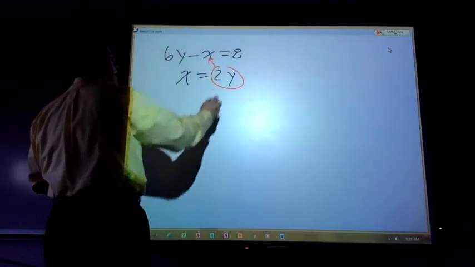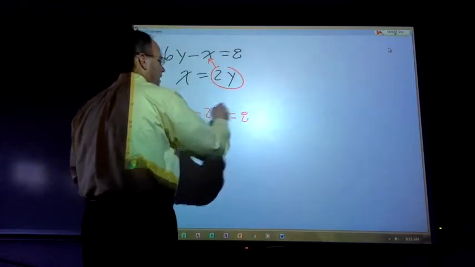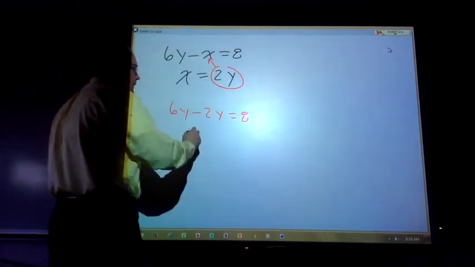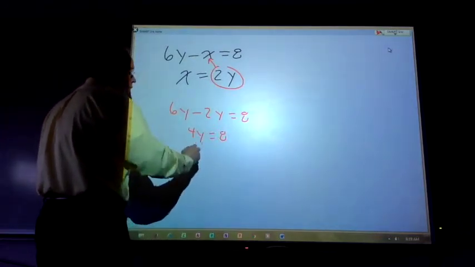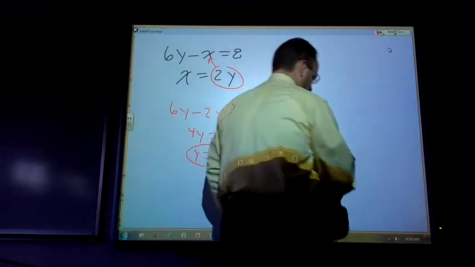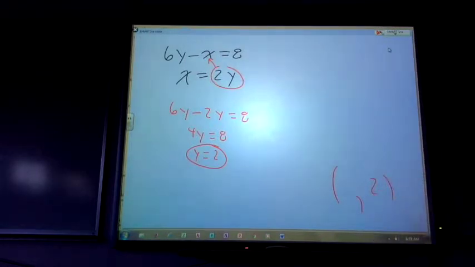So I can plug that in right there. So I get 6y minus 2y is equal to 8. That only gives me one letter to solve for. That gives me 4y equals 8, so y is equal to 2. Megan, if I found my y value being 2, what do I need to do in order to find my x value?